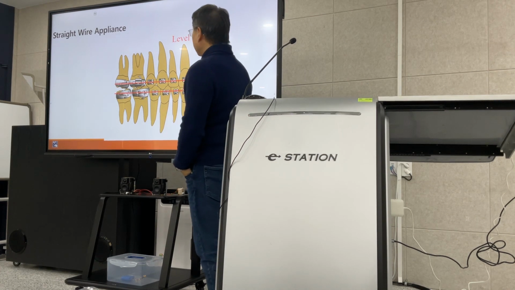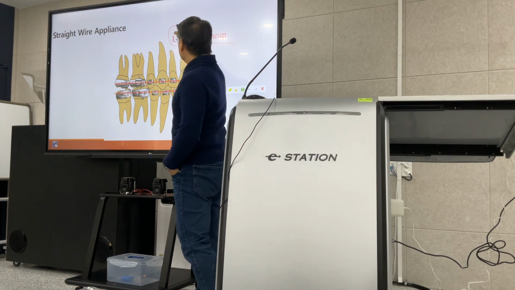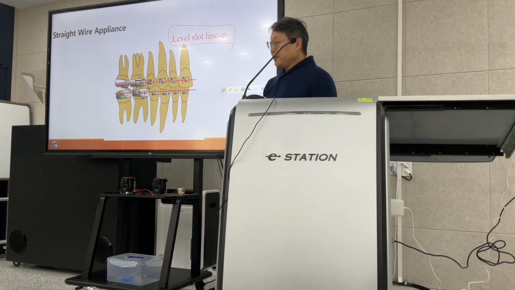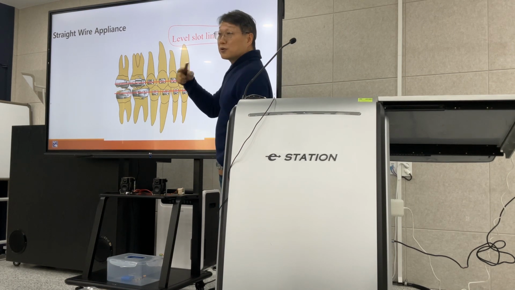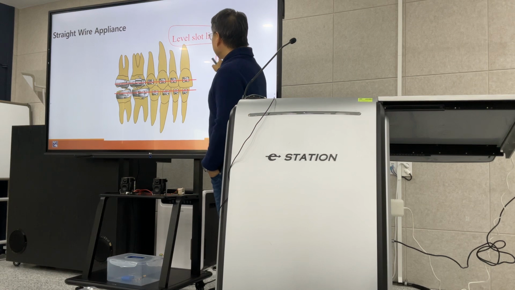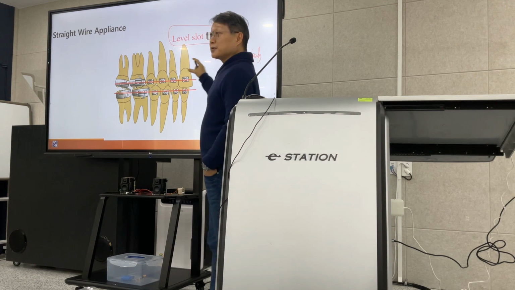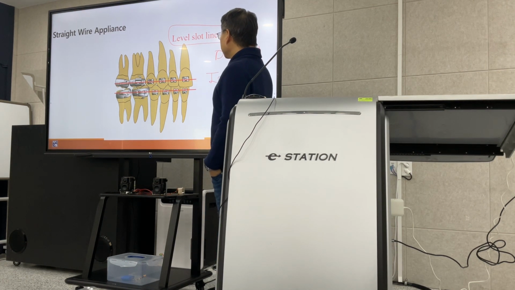And then here I have to explain this kind of thing. When we're talking about the bracket system, the direct bonding system, maybe you can imagine what that is. You can do it by yourself, right? Some said indirect bonding system.